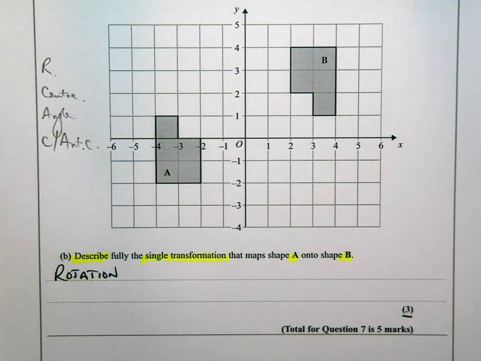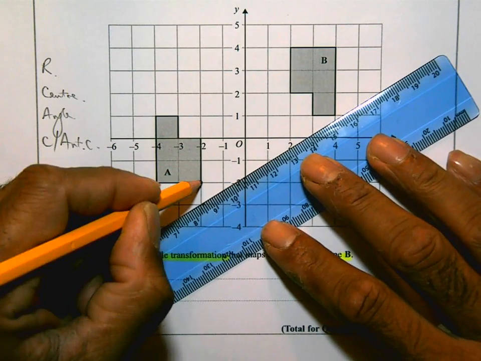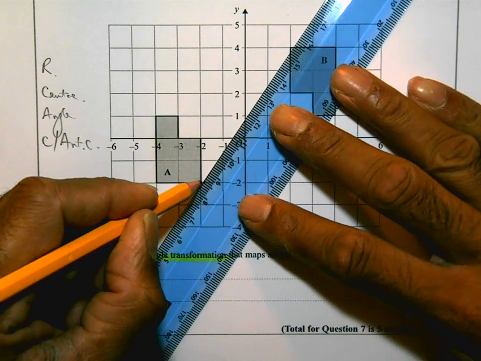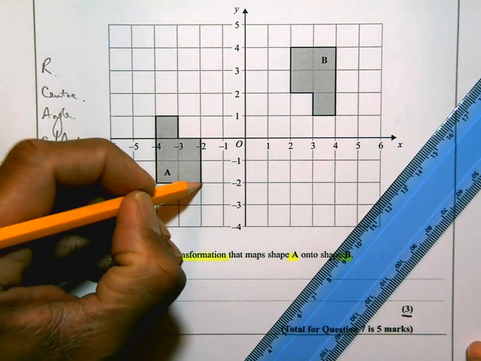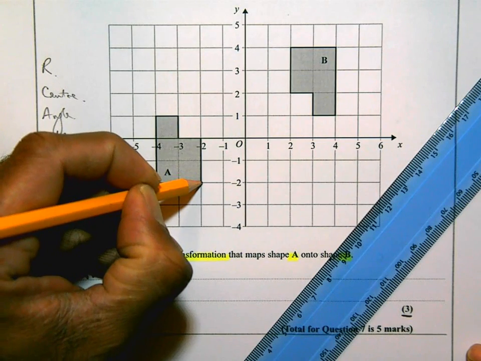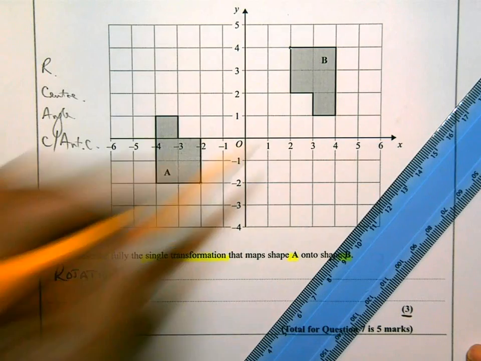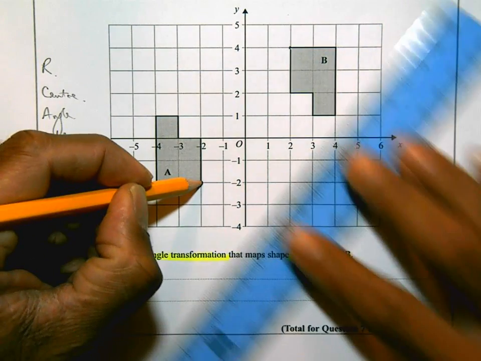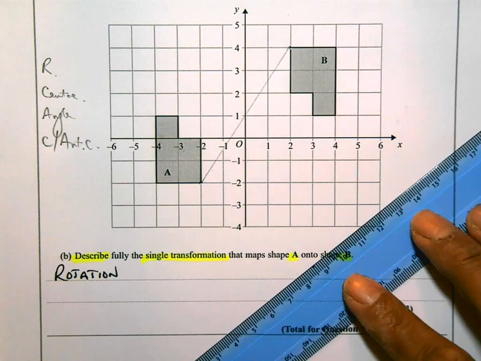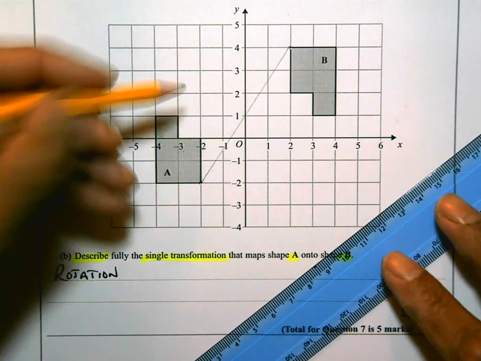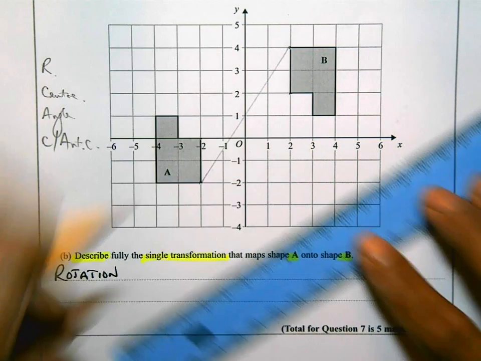To find the center of rotation, it is pretty easy, and a lot of people don't do this. If you join corresponding corners, so for example, this corner on shape A corresponds to this corner over here. They are the same corners pretty much in both shapes. If I join them, and I join another two corresponding corners, try to be as accurate as possible with your lines.